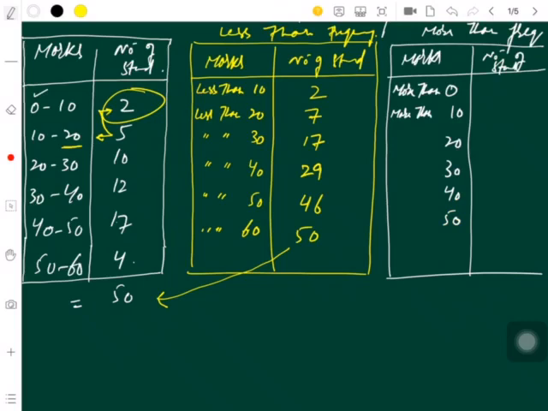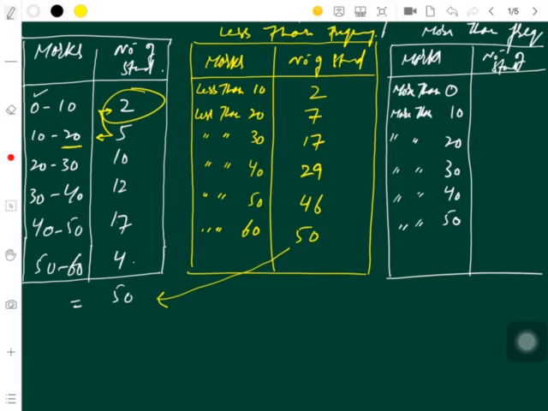We don't have a concept of more than 60 here. We are converting this table into a more than frequency table.